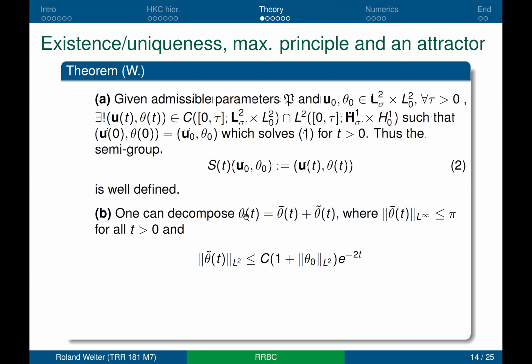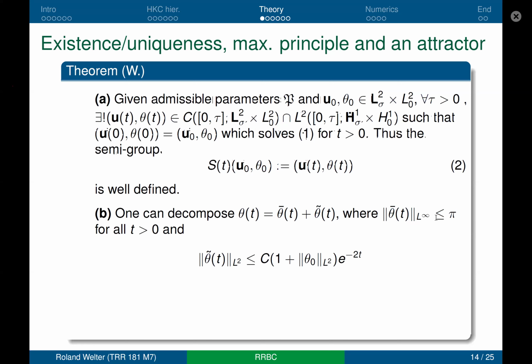So you have the temperature is equal to some theta bar plus a fluctuation, where this theta bar is bounded in L infinity.